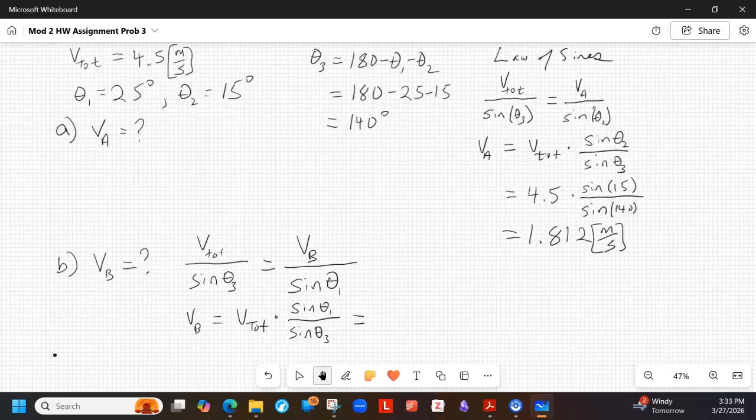So I can put in the numbers. 4.5 times sine 25 divided by sine of 140.